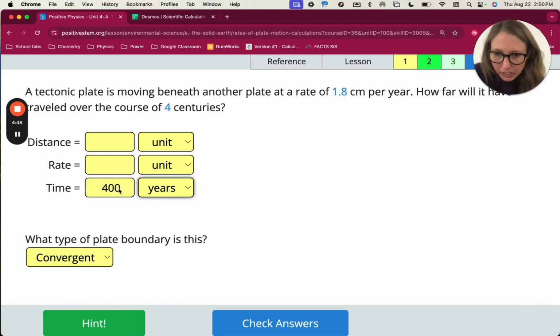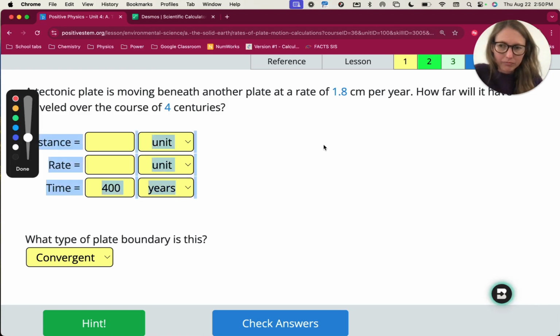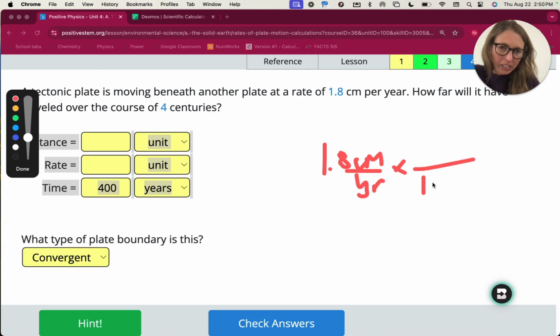And we're given that the rate is 1.8 centimeters per year, but we need to change that into meters per year. So let's do that. We have 1.8 centimeters per year. And then we just want to change the centimeters into meters. So if I know that there's 100 centimeters in 1 meter, I'll put the centimeters on the bottom so that they cancel out.